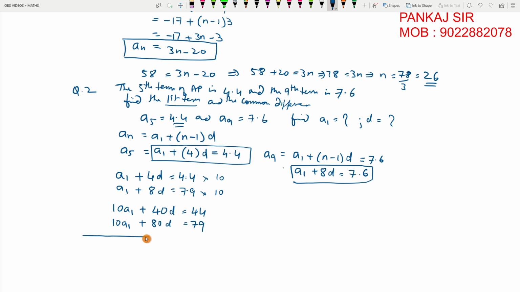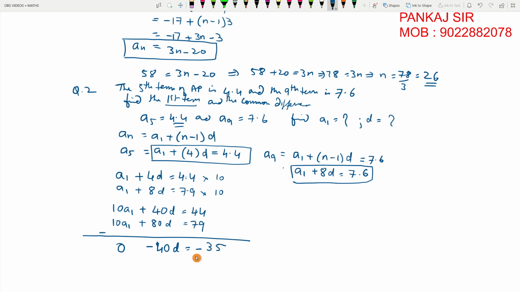Now if I want to solve these two equations simultaneously, I will do subtraction. So this minus this I will do. 10a1 minus 10a1 will be 0. 40d minus 80d will be minus 40d. Got it? And 44 minus 76 will be minus 32.